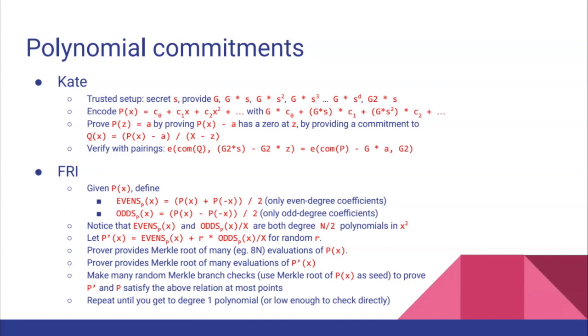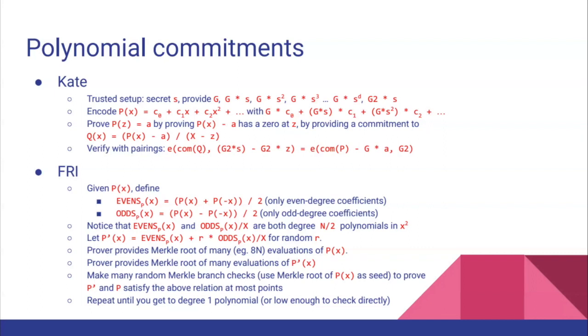And the reason why this math works, right, is that if P(Z) = A, then the polynomial P evaluated at Z would equal A. And so the polynomial P minus A evaluated at Z would equal 0, which means that P minus A would have X minus Z as a factor, right? That's a standard theorem about polynomials, so that if a polynomial equals 0 at, say, x equals 5, then x minus 5 is a factor of the polynomial.